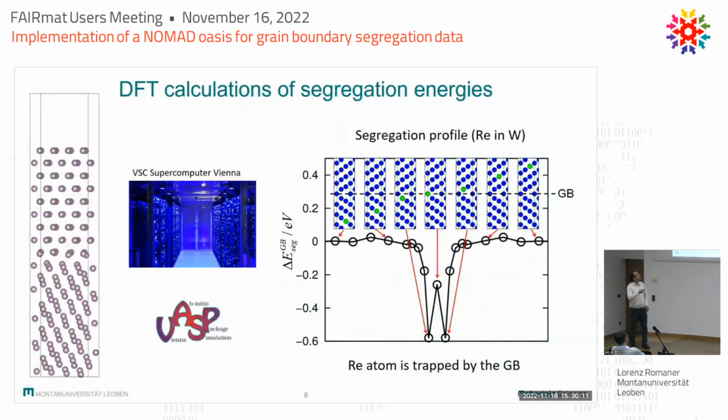And what we calculate is how a solute actually feels the grain boundary in terms of energy. So you see here, for example, a rhenium atom in tungsten going through the grain boundary actually feels attraction, which is here a complicated profile, right? So it's not just one number, the binding energy, that we need, but actually a lot of numbers to understand the attraction of a solute to the grain boundary.